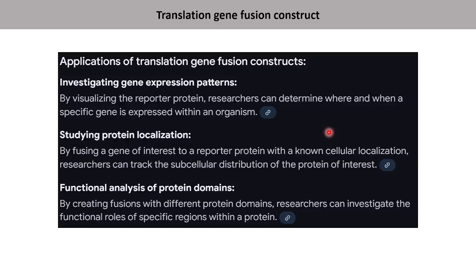By fusing the gene of interest to a reporter protein with a known cellular localization, we can track wherever that protein of interest is being distributed. And also, we can do the functional analysis of the protein domains by creating the fusion of different protein domains. We can understand the functional roles of very specific regions within the protein as well.